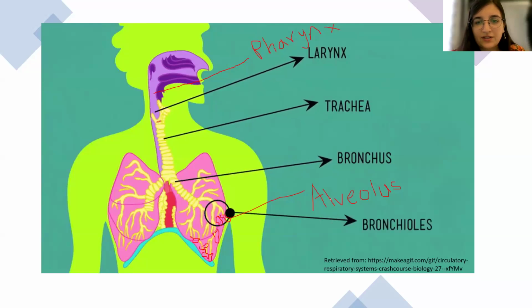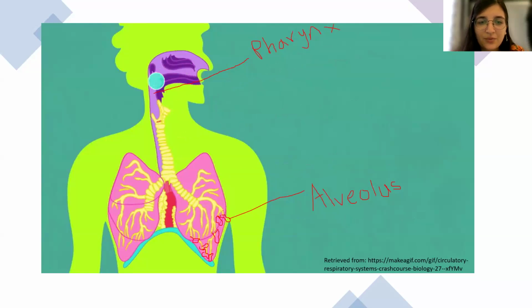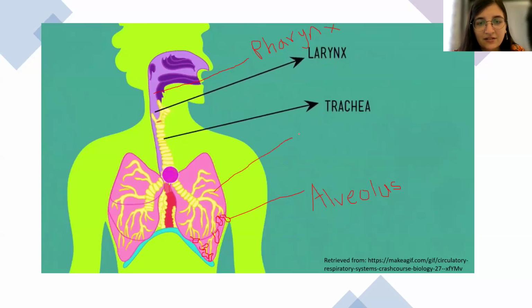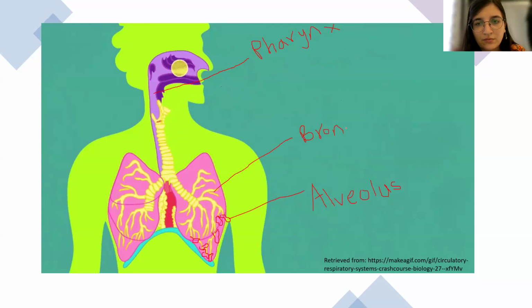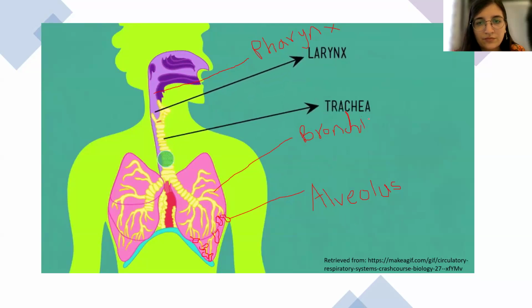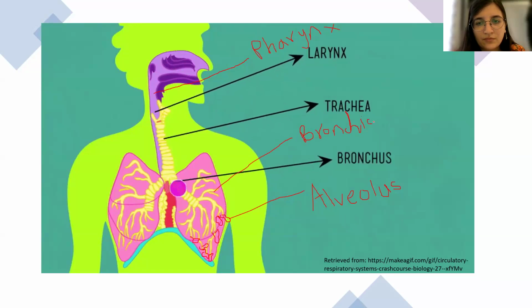So alveoli, bronchioles are these branches. These branches are bronchioles.